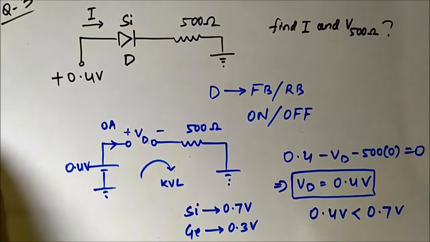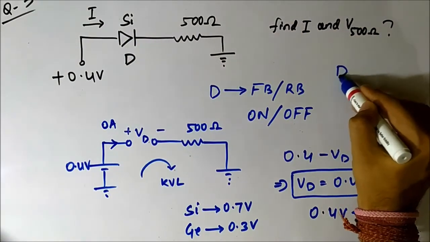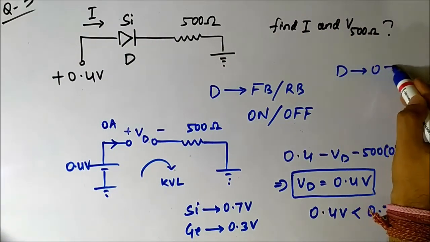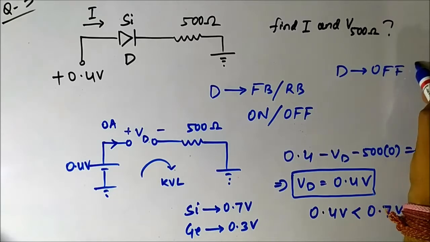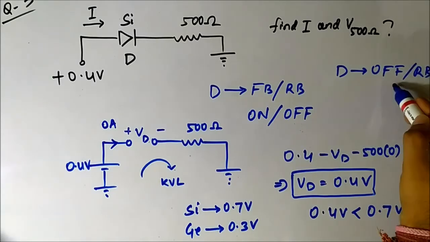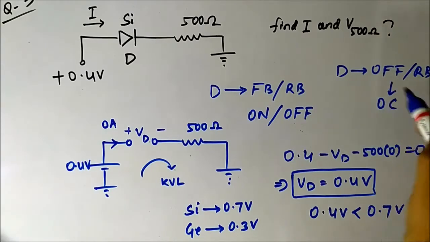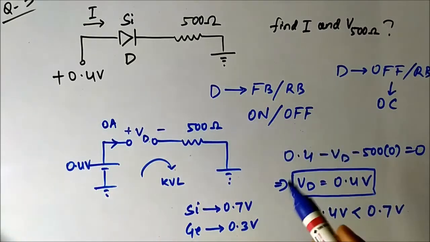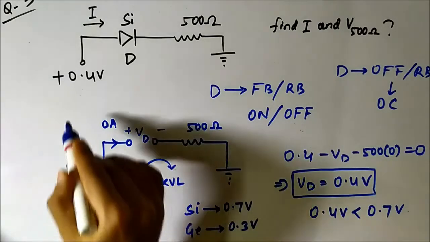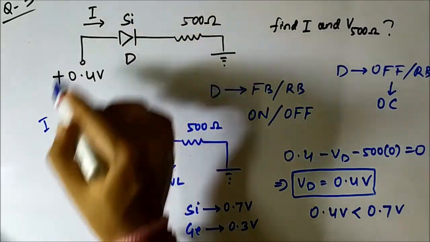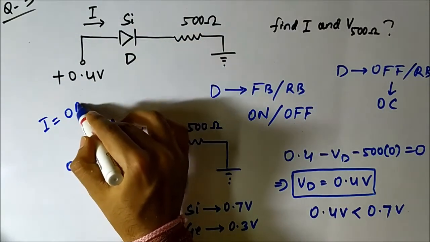So this diode here is off, reverse biased. It will be open circuit. As it is open circuit, this current will be 0 ampere.